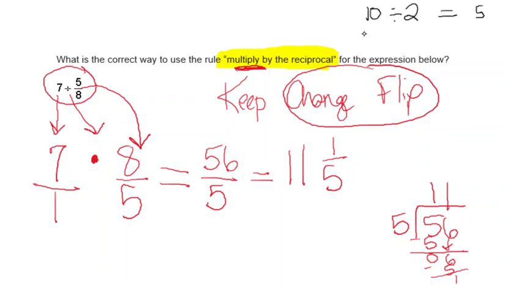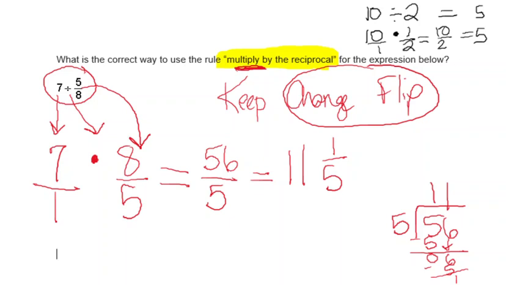But I could say that that's keep the 10, because we always keep the first number the same, change the symbol to multiplication, and the reciprocal of 2 is 1/2. 10 times 1/2, 10/1 times 1/2 is 10/2, and 10 divided by 2 is 5. 10/2 is equal to 5.